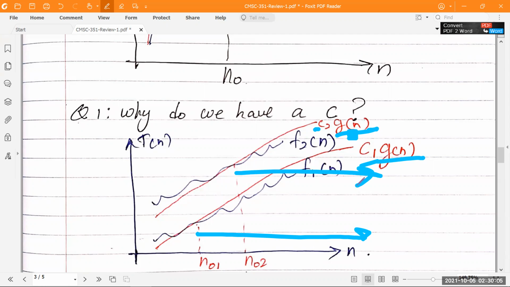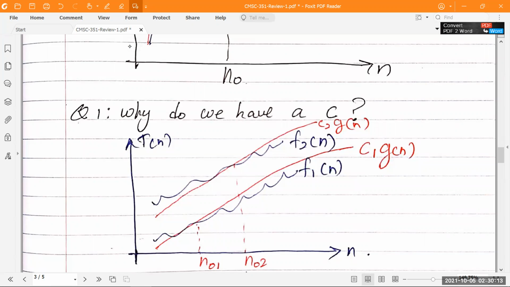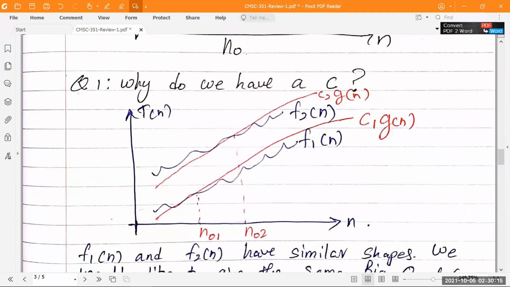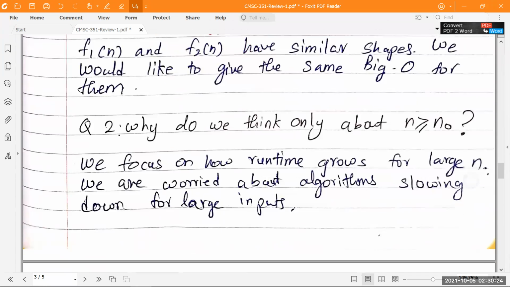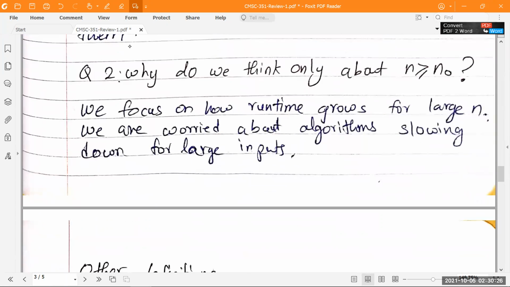So for similar shaped functions, you can have a similar upper bound if you use this constant factor. It is easier to express ideas that way. That's why we put in a constant. Anyway, it's more meaningful to talk about functions that way.